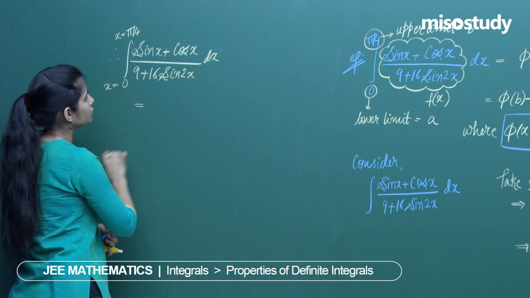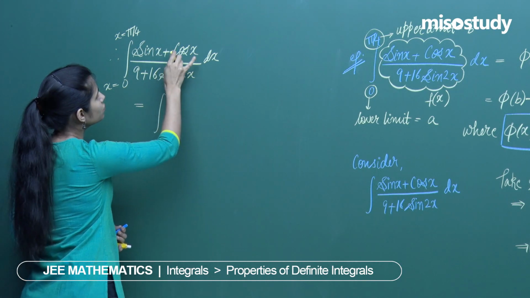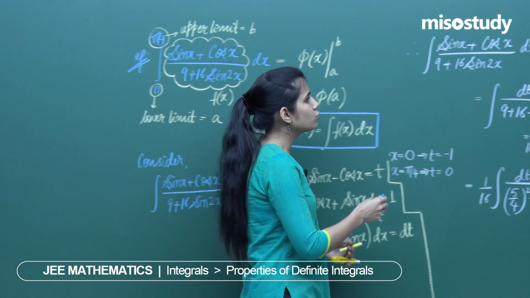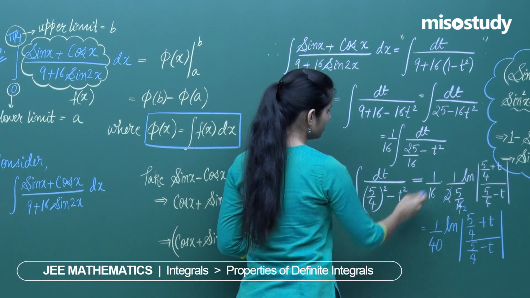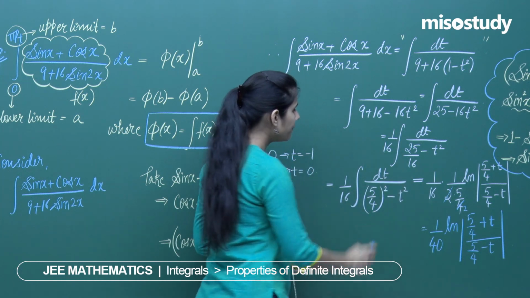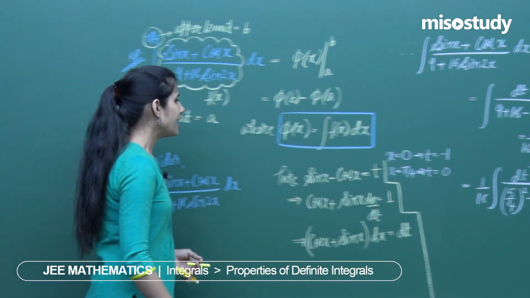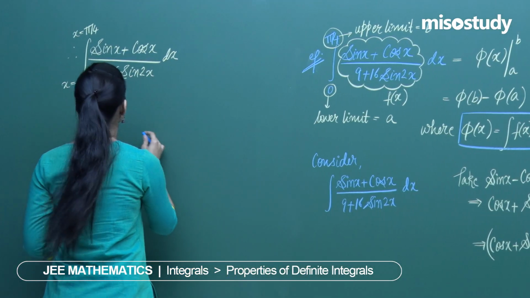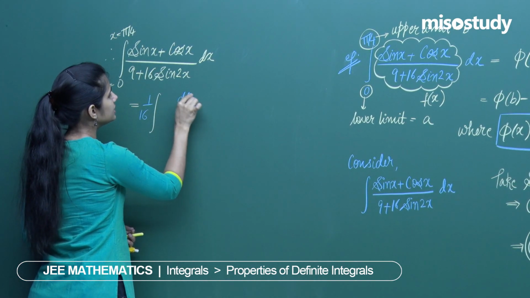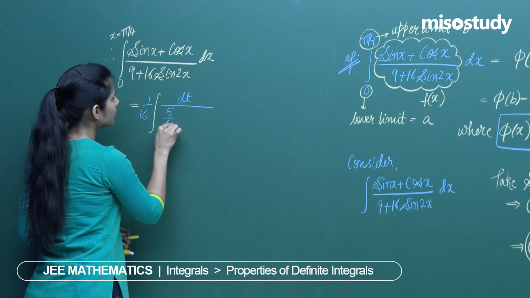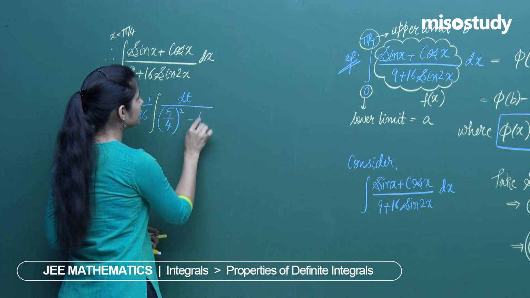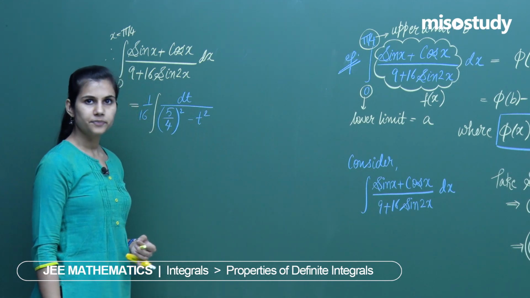What is this equal to? We have just made all the substitutions, it came out to be equal to this integral of dt upon 5 by 4 whole square. This was 1 by 16 integral of dt upon 5 by 4 whole square minus t square.